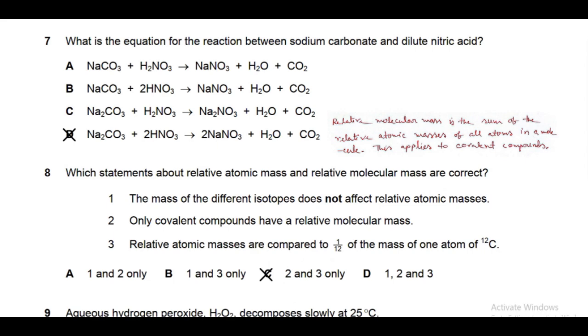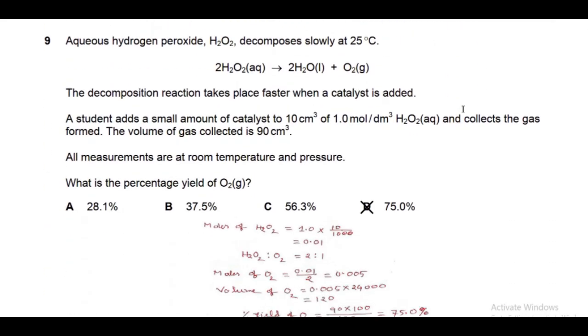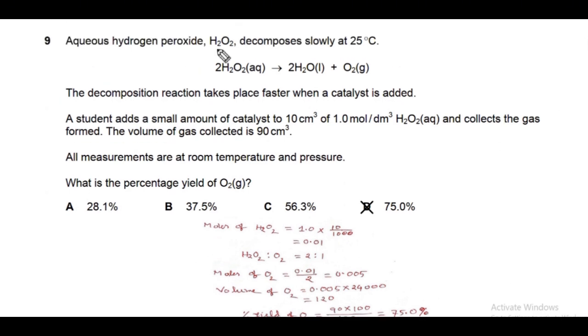Next, 9. Aqueous hydrogen peroxide decomposes slowly at 25 degrees centigrade. Hydrogen peroxide decomposes to give oxygen and water. The decomposition reaction takes place faster when a catalyst is added.